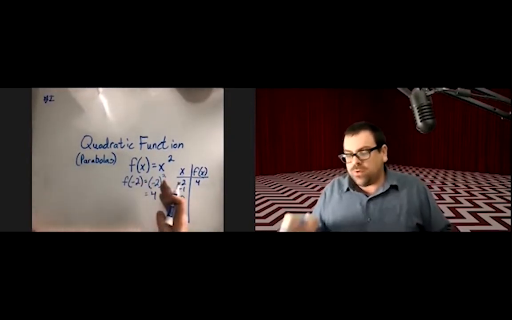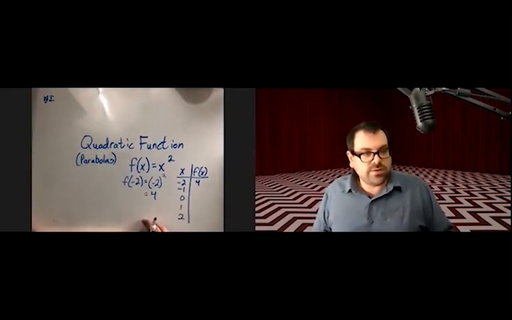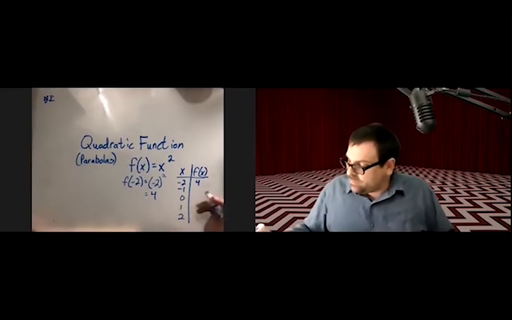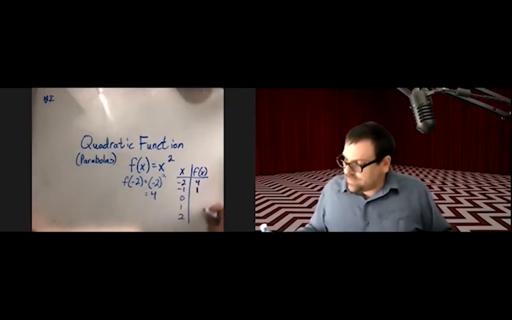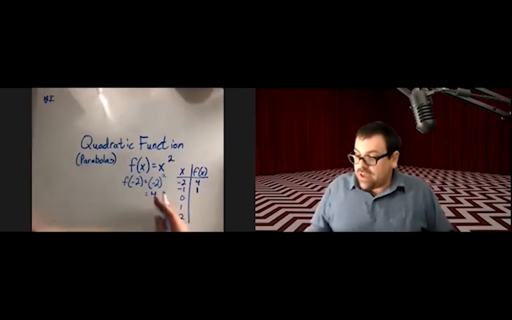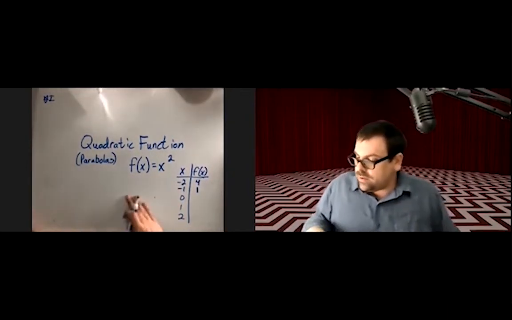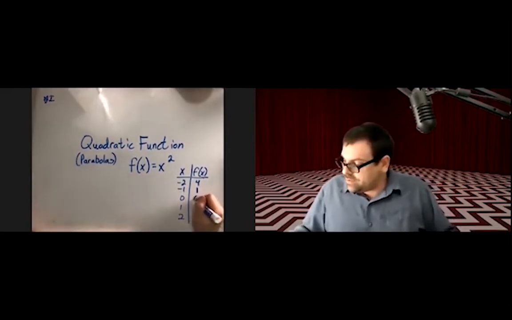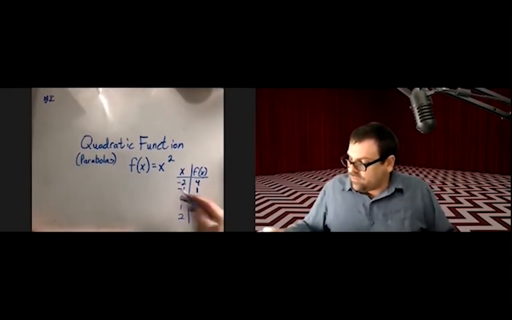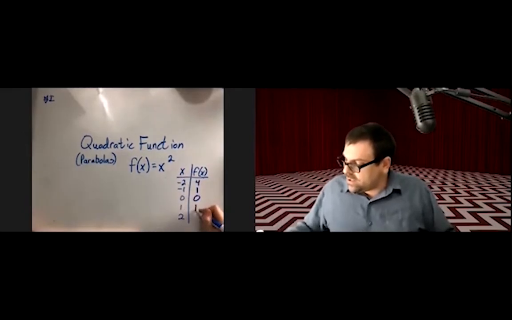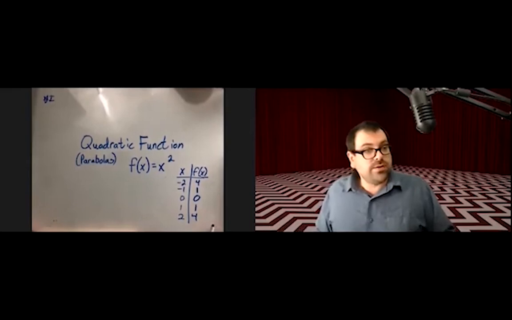F of -1 would be -1 squared. -1 times -1, +1. F of 0 would be 0 squared. F of 1 would be 1 squared. F of 2 would be 2 squared.